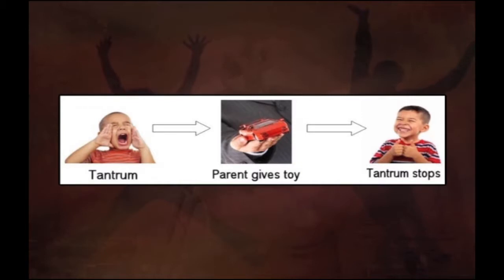So when the child shows a tantrum, parents give a toy and that tantrum is reduced in order to increase a more desirable behavior. So that negative is being taken away. The tantrum in this example is being taken away to enhance a better response.